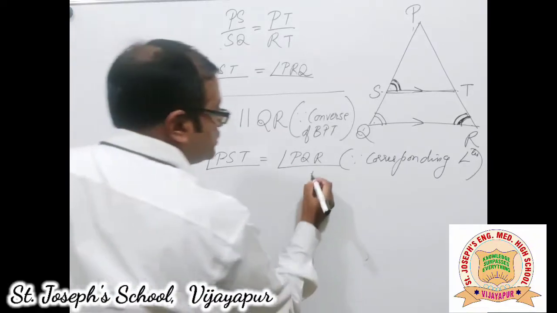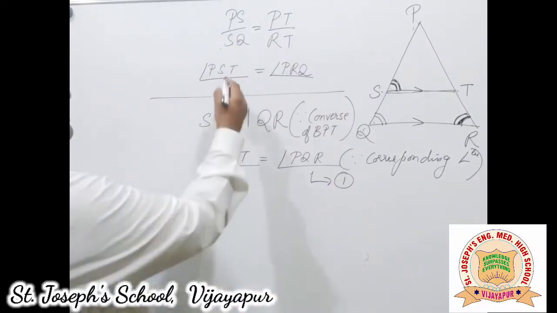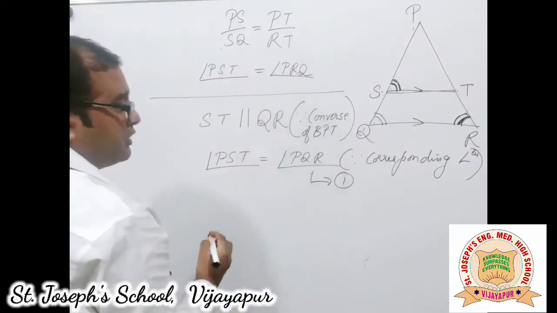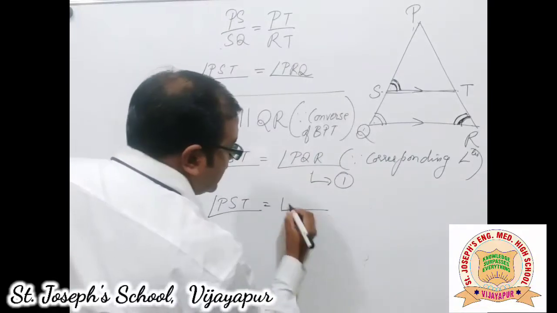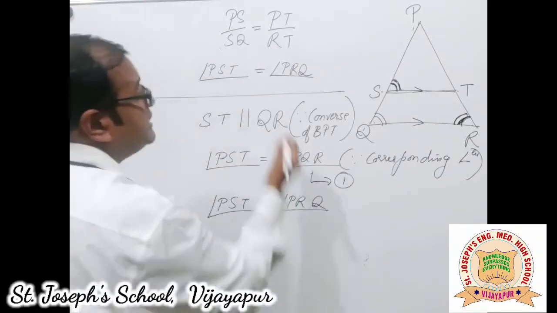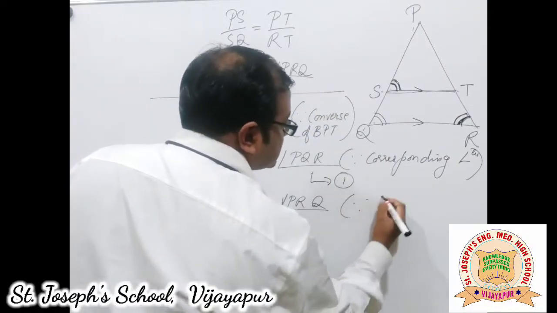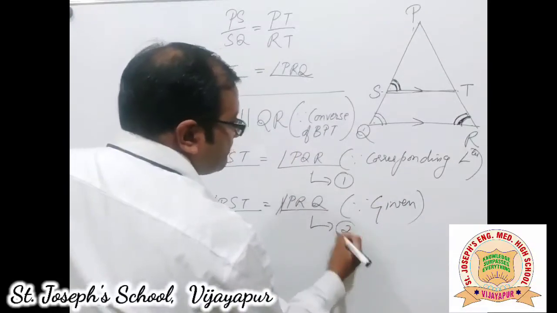I'll call this equation 1. Now look at what is given. PST is also equal to PRQ. I'll write it once more. PST is equal to angle PRQ. Why is that? Because it is given. I'll call this equation 2.